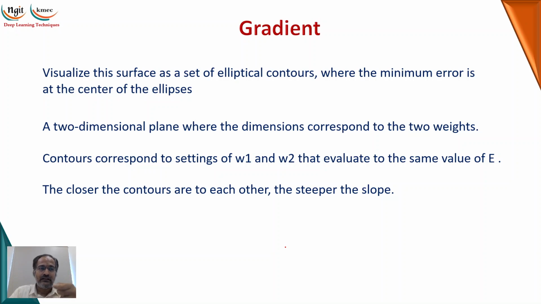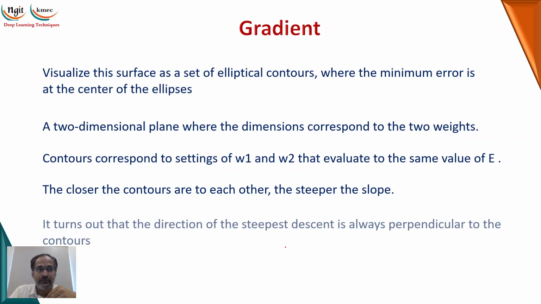Now our main aim is to make the zero error. To make the zero error, how can we modify W1, W2? Meaning with respect to E, we have to modify the values of W1 and W2. Please remember this point.